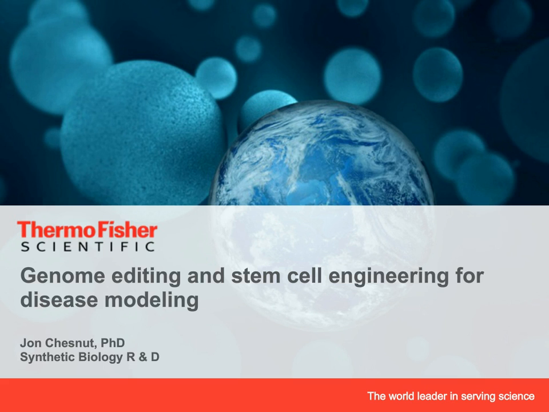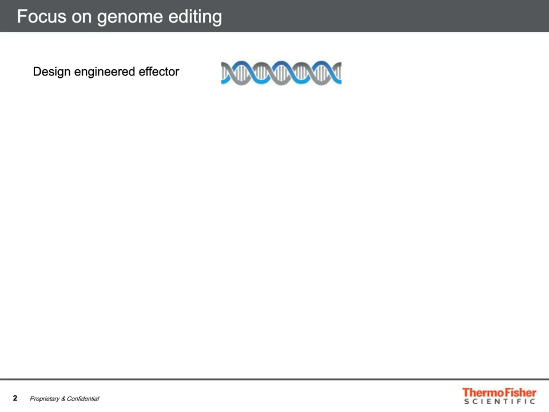So I'll start with our first slide to really kind of take a broad view of genome editing. Basically, we have our chromosomal DNA, and we design vehicles that will direct certain activities to the chromosome, hopefully specifically and efficiently.